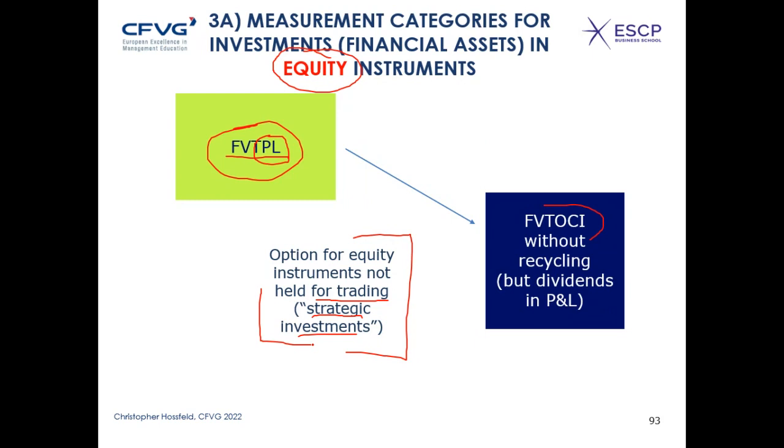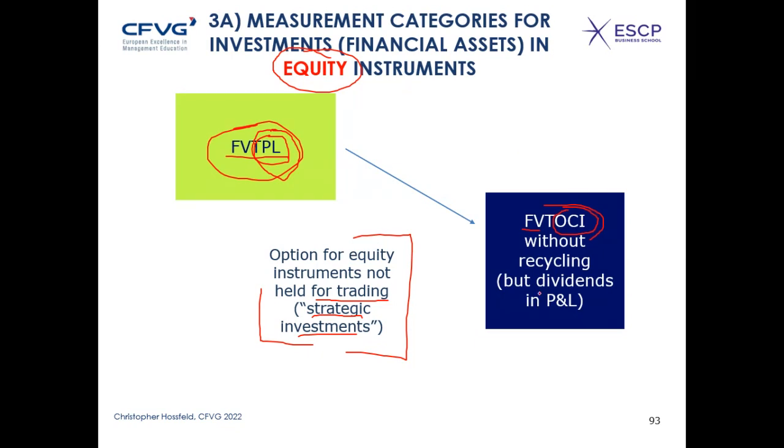Well, if the purpose is not to sell it, why should I use a market value all the time and put all market value changes in my income statement, which obviously leads to some volatility. And therefore, after negotiations, lobbying, and so on, they decided to say, okay, we keep the fair value, but we put the fair value changes in OCI, and therefore you have less volatility directly in the income statement.